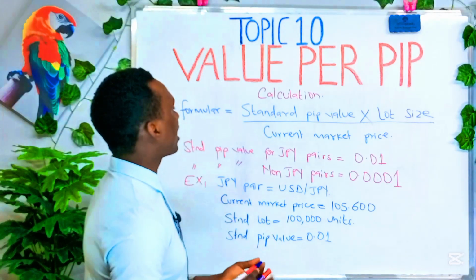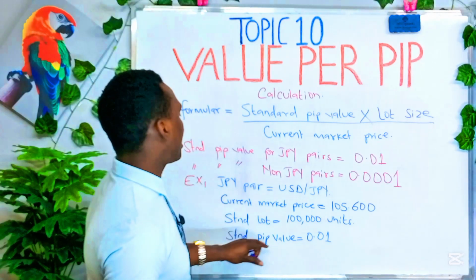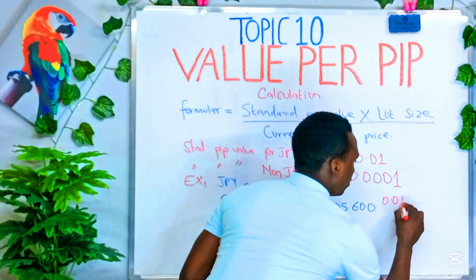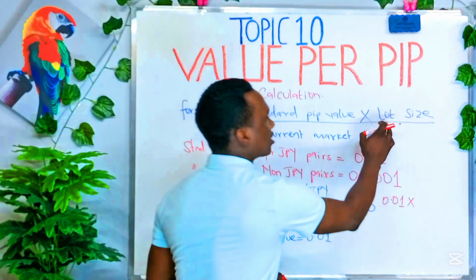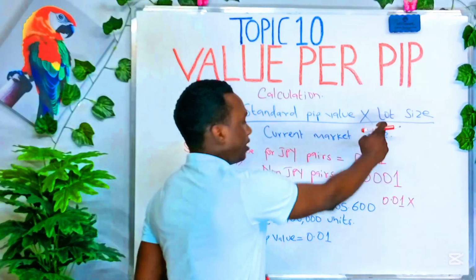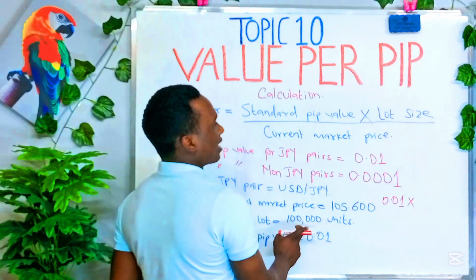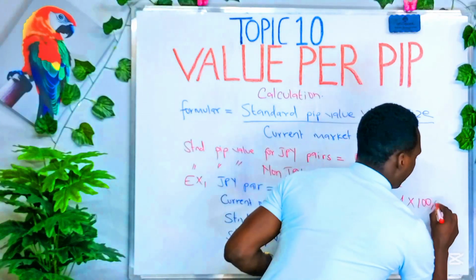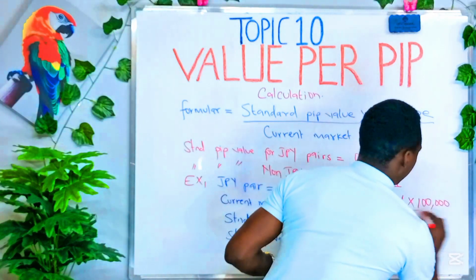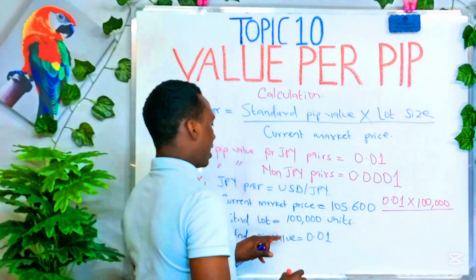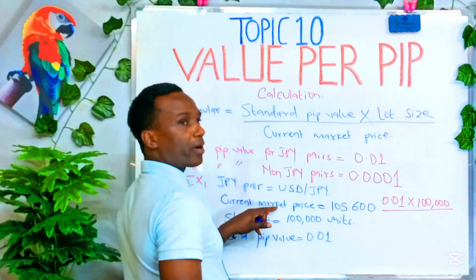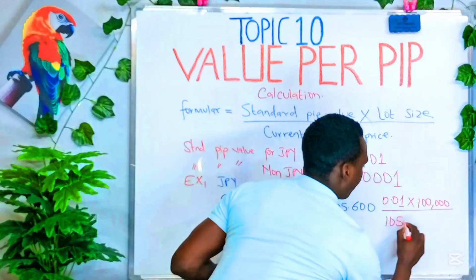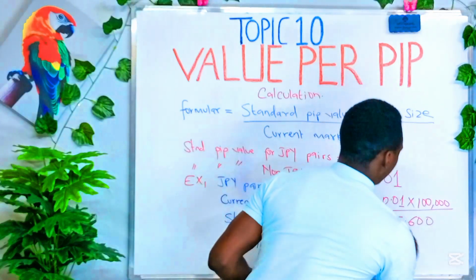So if we take these calculations very fast, our standard pip value is 0.01 multiplied by what? Our lot size. All right? So what is our lot size? It is 100,000 units, divided by our current market price, which is 105.600.